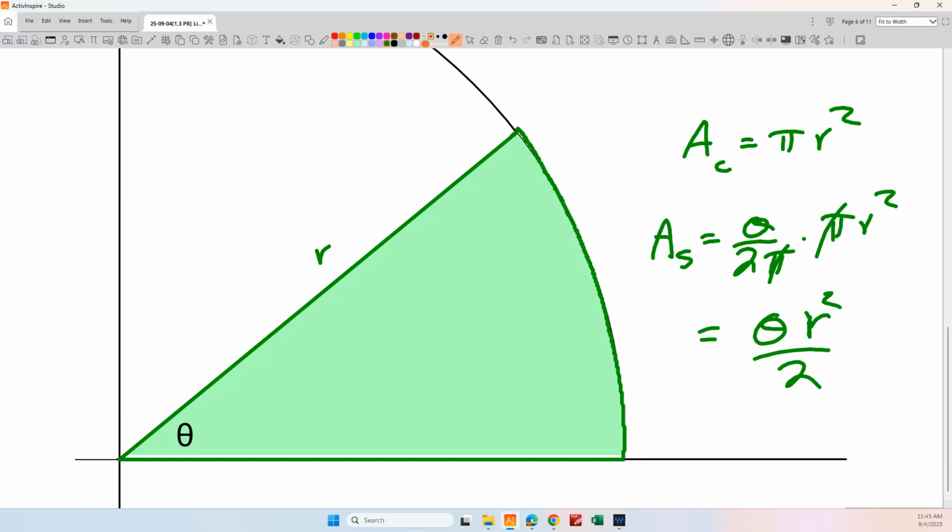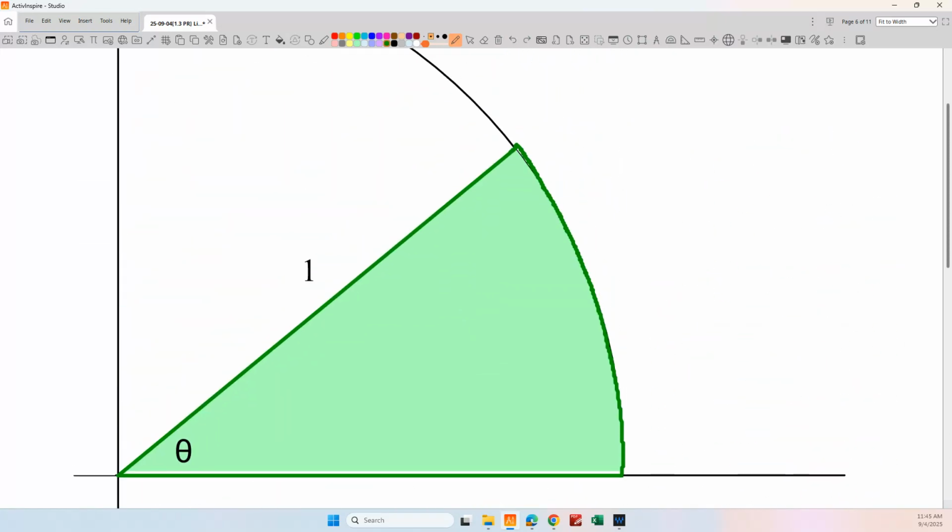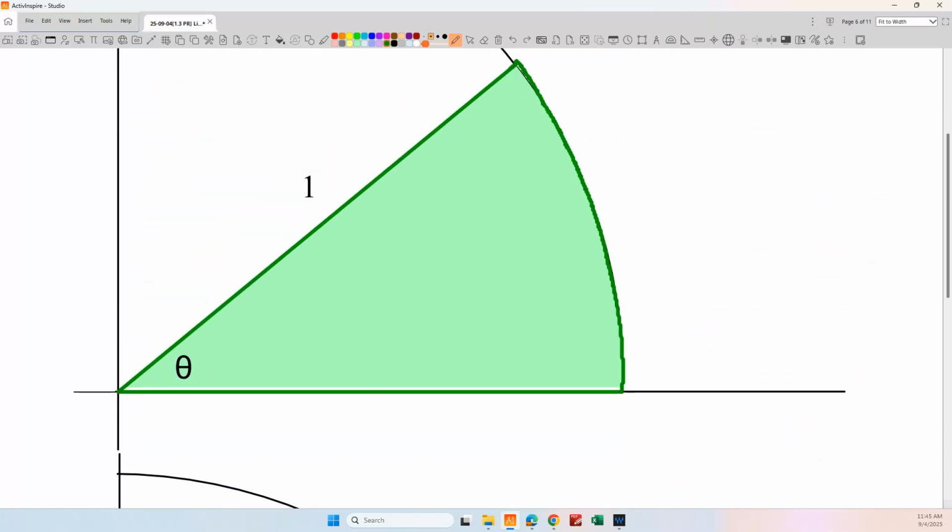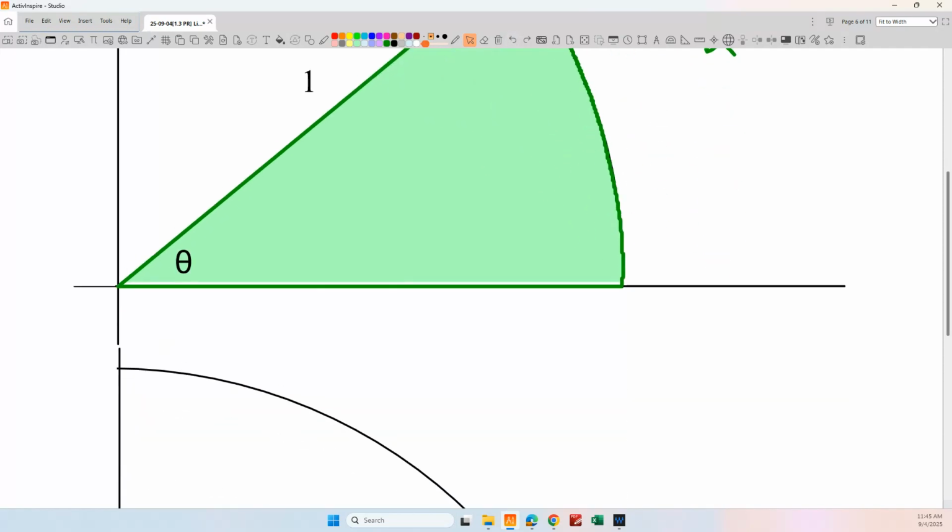So you don't really need to memorize it. You can always just derive that. But what's unique about this one? What's the radius? 1. So then the area of this sector is going to be theta times 1 squared over 2.